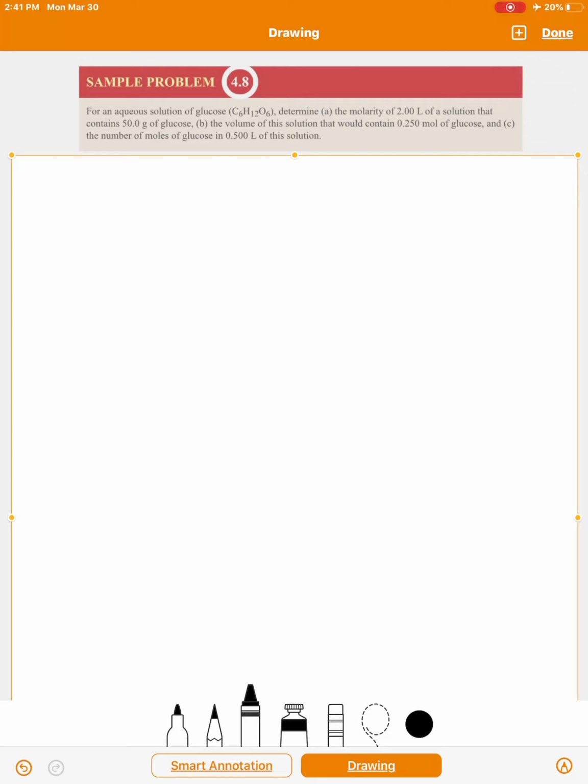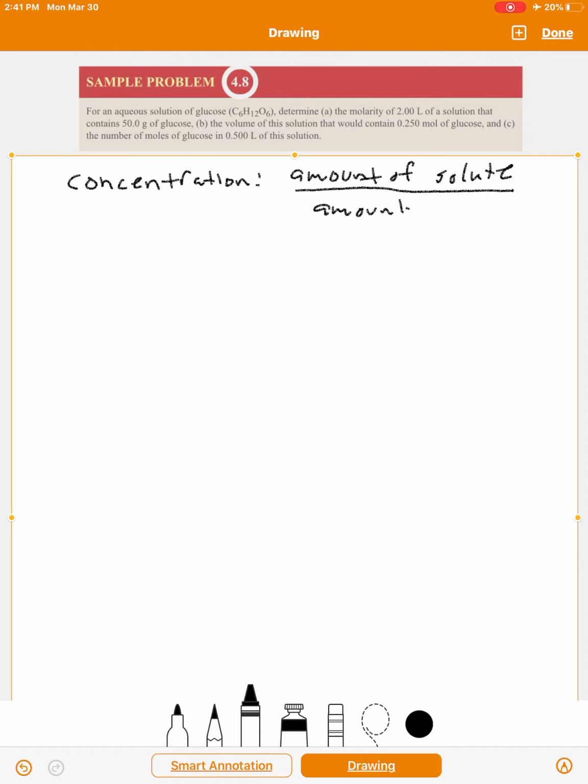Okay, so in this section, we're introducing something called concentration. Concentration is the amount of a solute divided by the amount of solution.